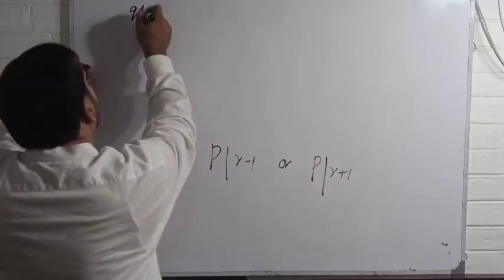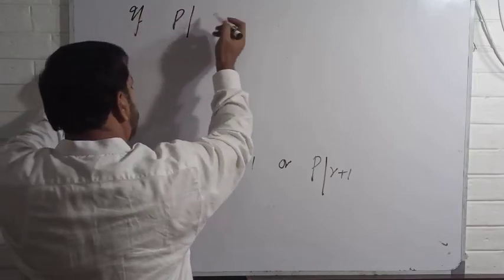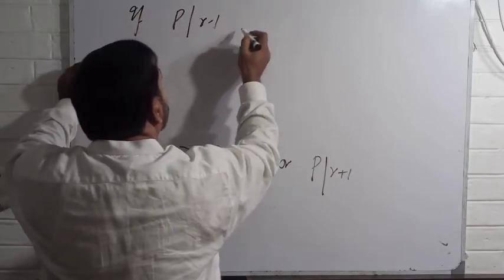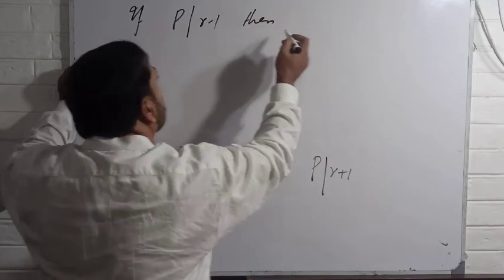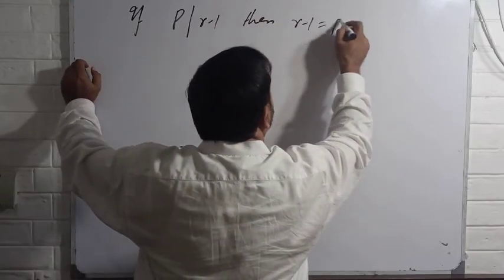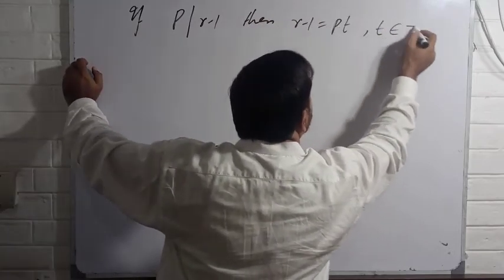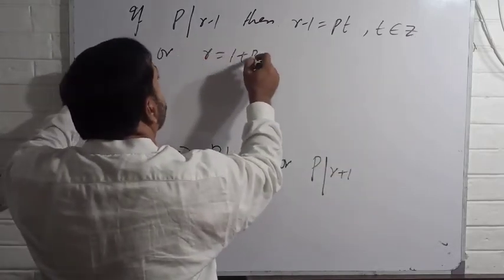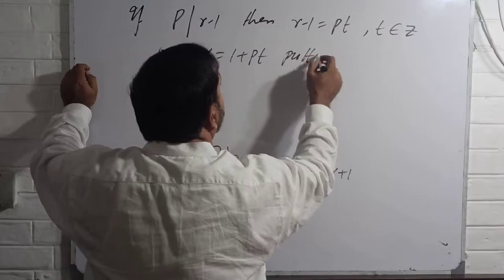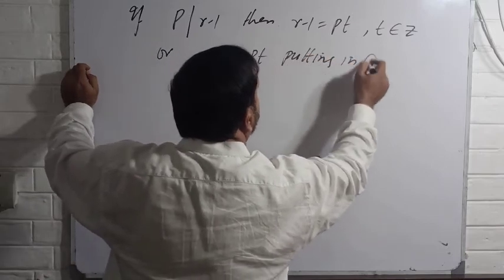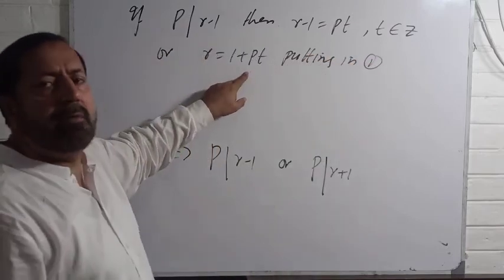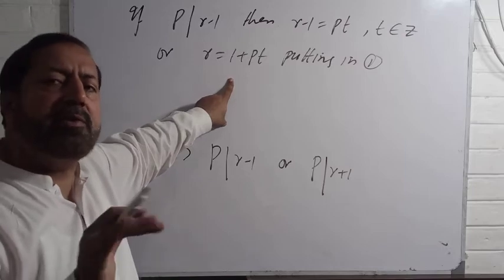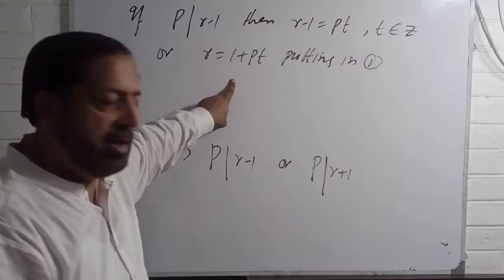So case 1, if p divides r minus 1, then r minus 1 would be equal to pt, where t belongs to Z. So r is equal to 1 plus pt, putting in 1. You know what was the equivalent? That was yxy inverse is equal to x power r, right?